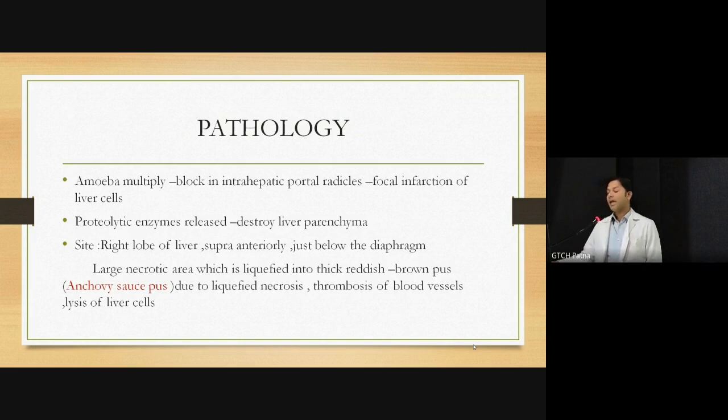This is called anchovy sauce pus. We are very familiar with this term. I will show you a picture of it. The pus is due to liquefied necrosis, thrombosis of the blood vessels, and lysis of the liver cells.